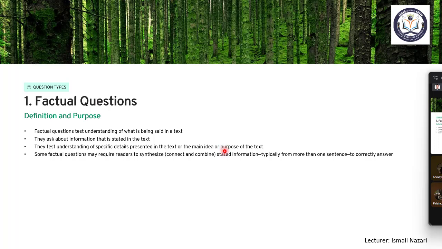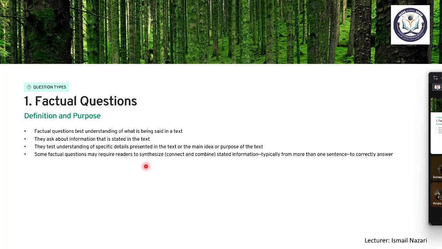So it is checking our basic understanding of the passage, and which information is stated. That's the focus of the factual information question.